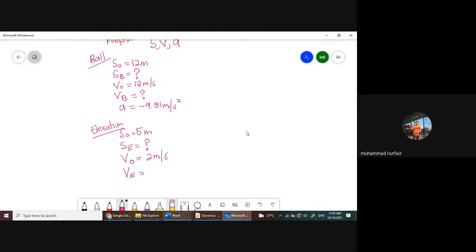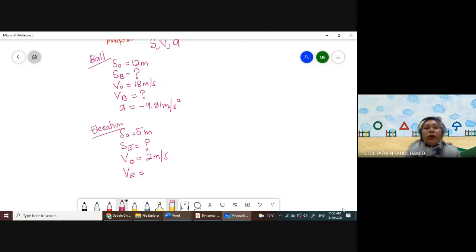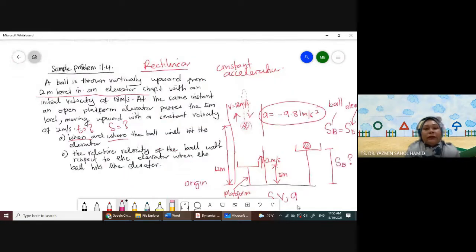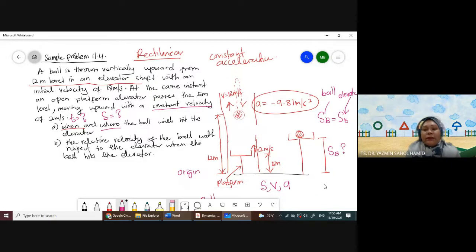Okay, now try to read the question again. What is 2 meter per second? Constant velocity is 2 meter per second. What does it mean?